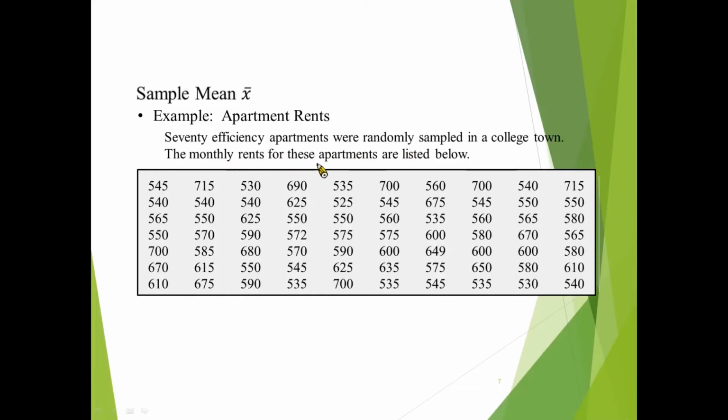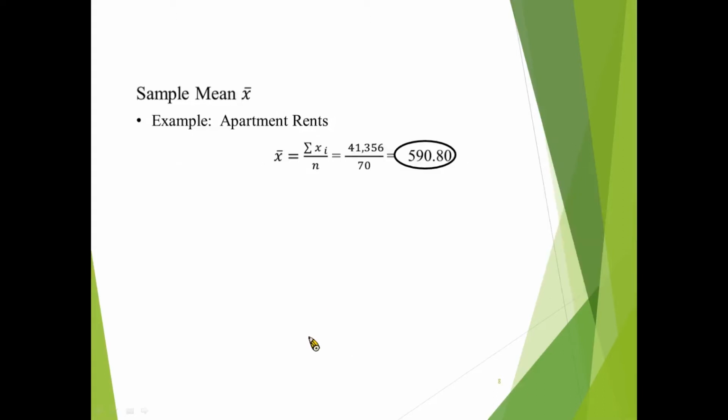The monthly rents for these apartments are listed below. This table shows the 70 apartments and the monthly rent each one charges. The mean is the average, so we take the total and divide by 70, because the sample size is 70, and we get the sample mean.